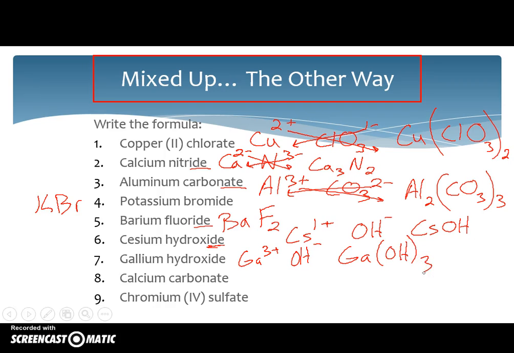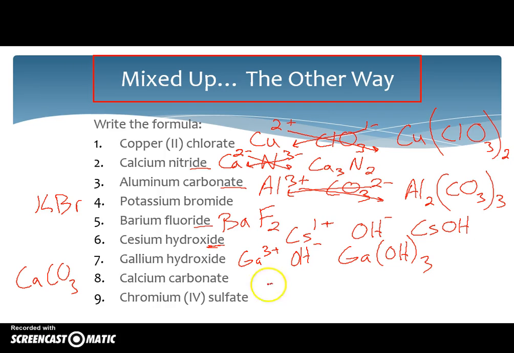3 for that one. Calcium carbonate, I think we did on a past slide. I'll just write the answer for you. CaCO3 for that one. 2 plus and a 2 minus, they balance, go right together. And then the last one, chromium 4 sulfate.